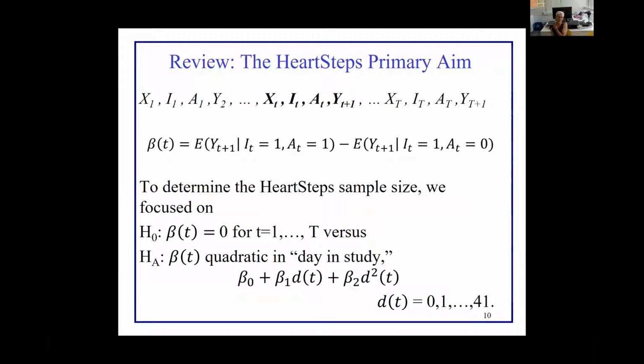Now, of course, in reality, we know that any real pattern will not be quadratic. This is extremely coarse, but we wanted to detect the potential for a deteriorating effect, mainly because we were very concerned about that. So this is how we sized the study, and we discussed this in 1N1 on micro-randomized trials.